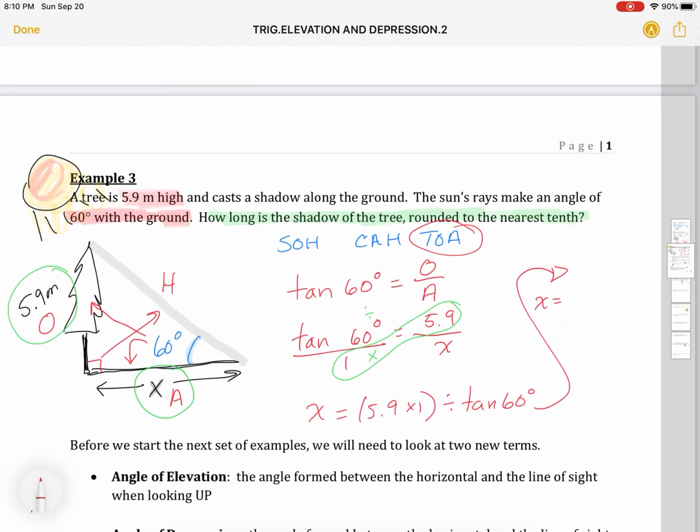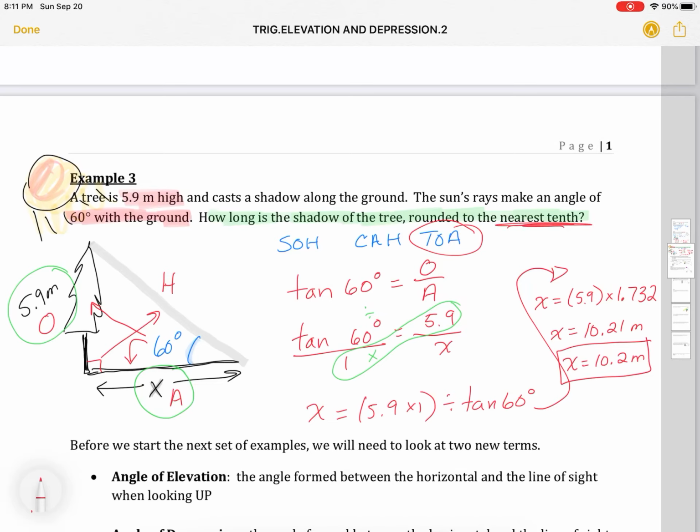Okay, and we're going to sweep up here. Tan of 60 is 1.3 something. X is equal to, this will be 5.9 times 1.732. So we'll multiply that, and we get x is equal to 10.21 meters.